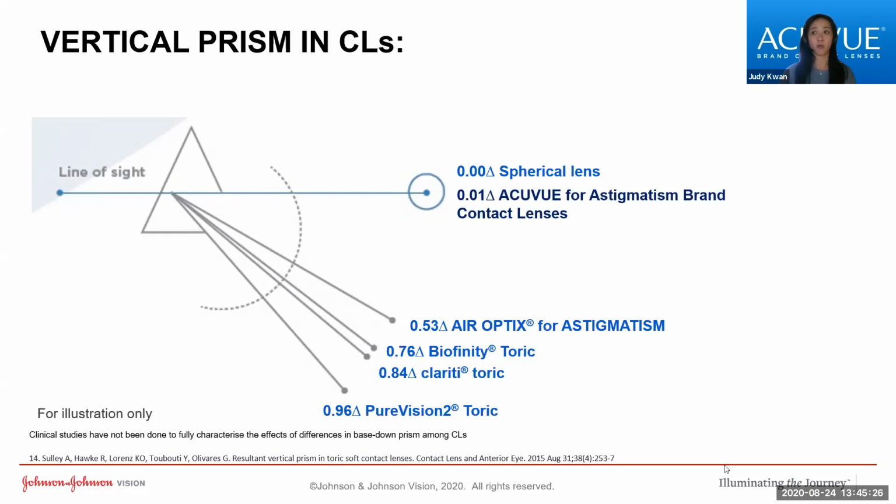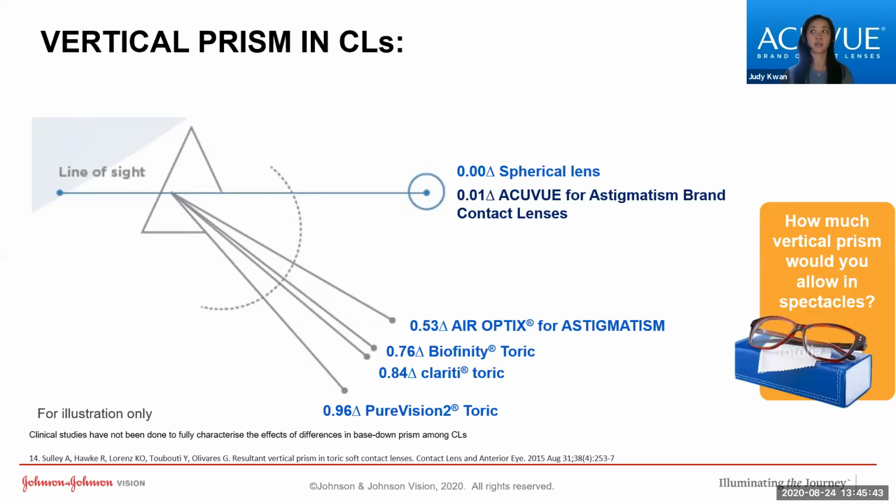What they did discover was the traditional prism ballast designs actually could end up having about 1 diopter of prism base down in that contact lens. So our patients could be potentially looking through 1 diopter of prism base down through that eye.